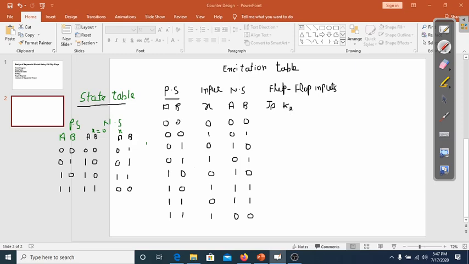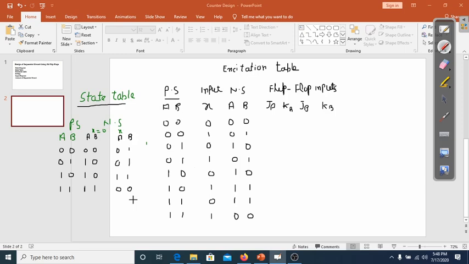Corresponding to state B, we have two inputs, JB and KB.